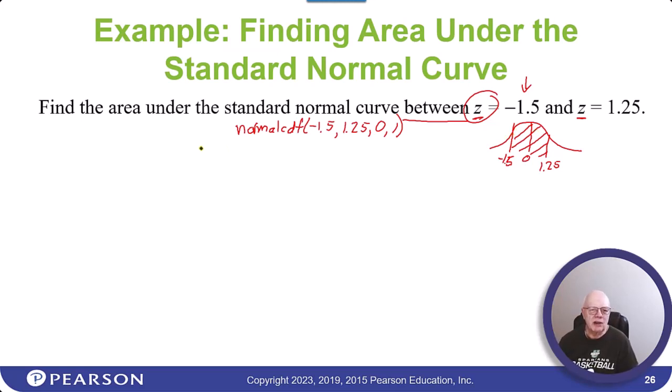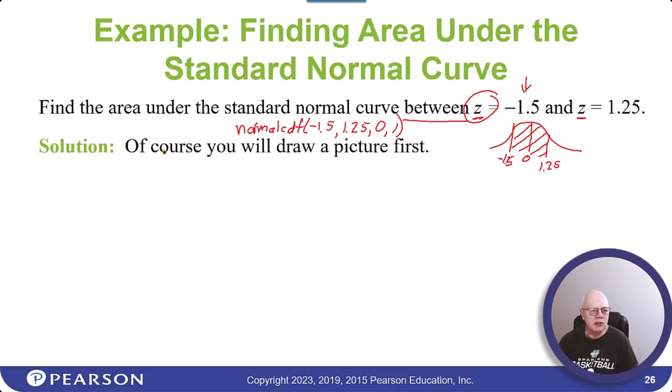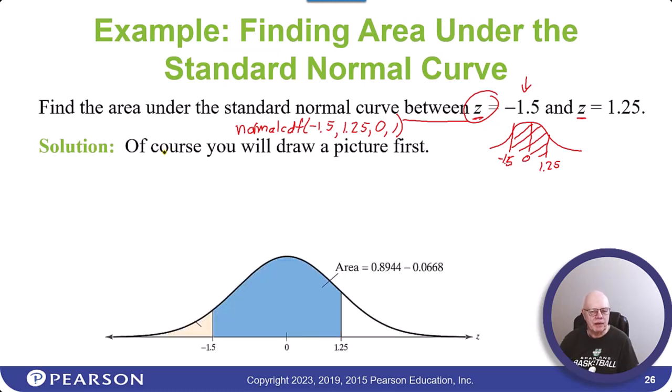Let's go to the calculator. We're familiar with it now. We can do that. So draw that picture. There's your picture. Now, ignore this. This is what you would have to do if you're using tables. You don't have to use tables. All you need to know is, from the picture again, there's the lower bound.